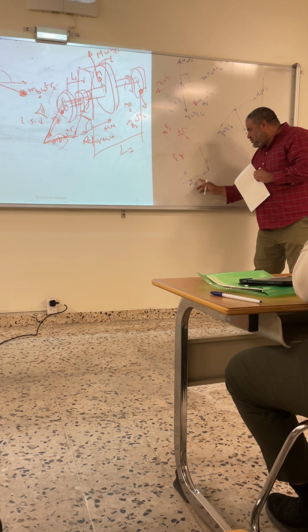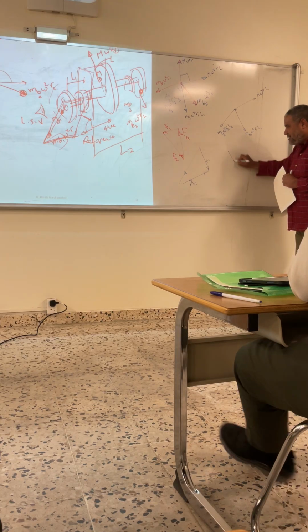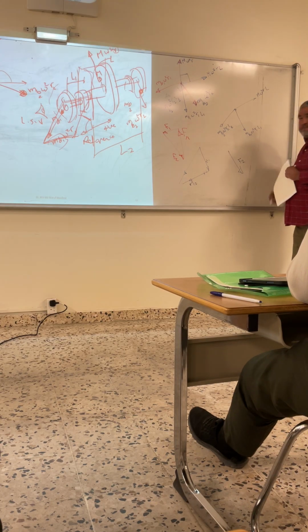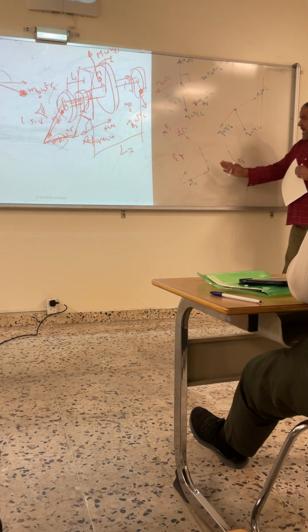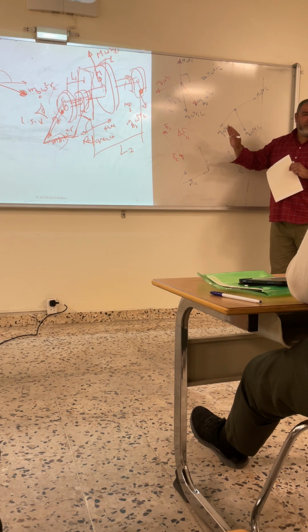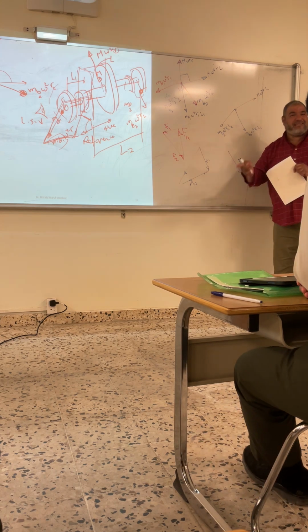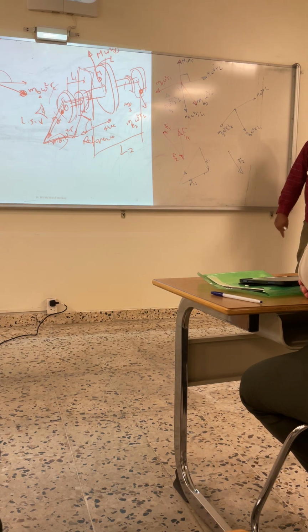If you rotate M2 90 degrees in the anti-clockwise direction, this means that your M2 takes the direction of F2. And your M1 will take the direction of F1. No, M1 will not take the direction, it will take the opposite. And it makes sense because actually my L1 was negative.